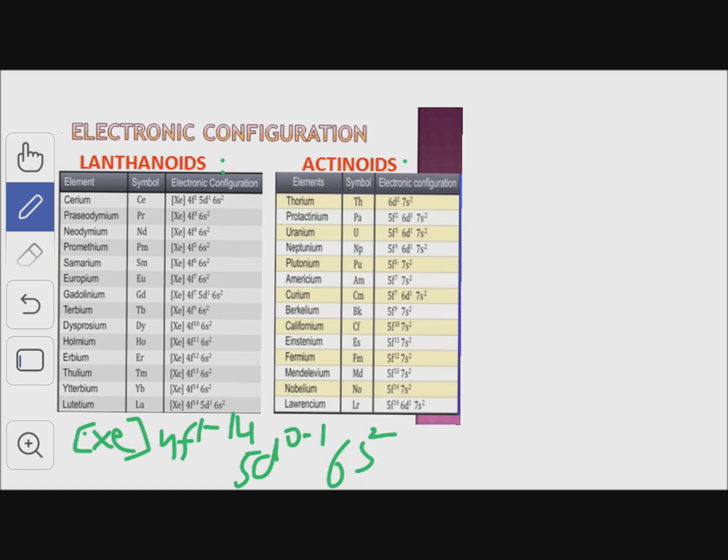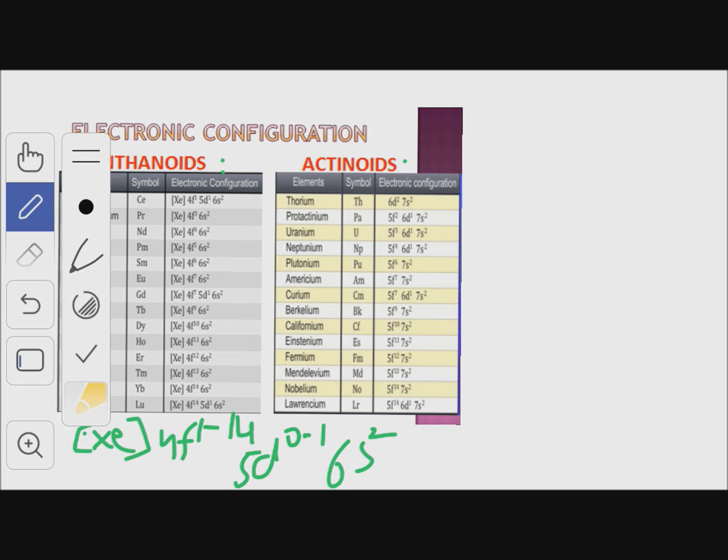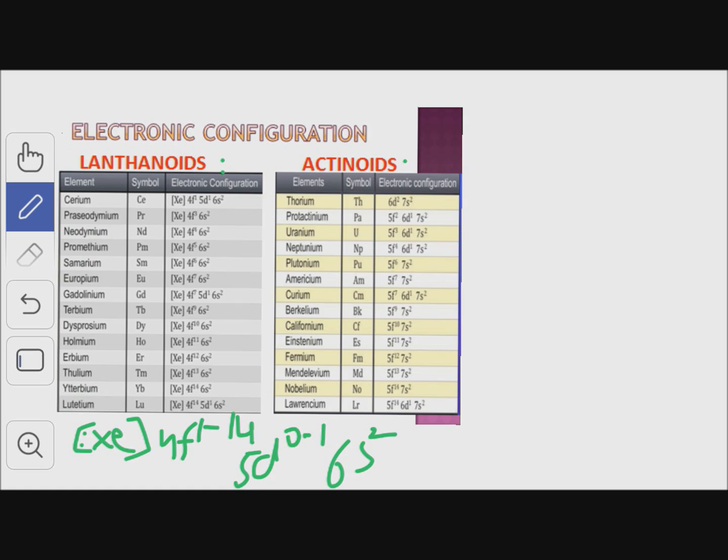And these are 14 elements of the lanthanoid series, starting from atomic number 58. Here cerium has atomic number 58, up to lutetium 71.